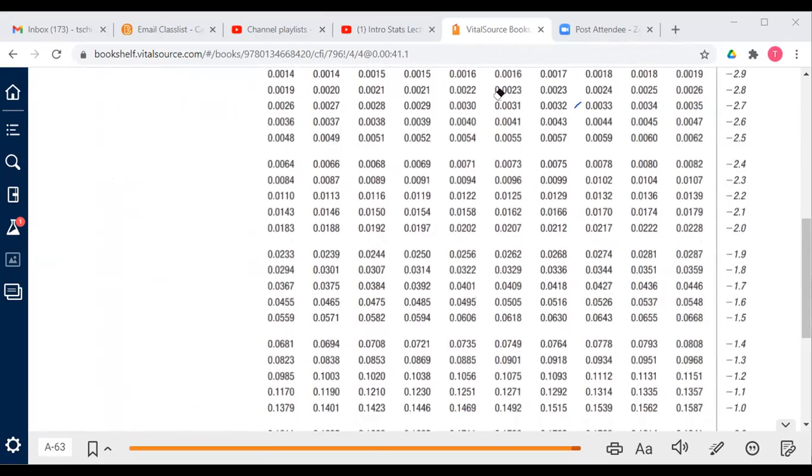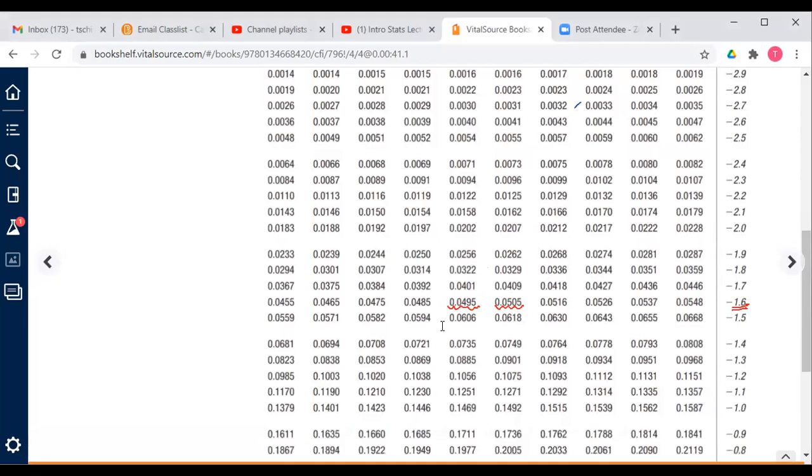See here, it's 0.0495, and this is 0.0505. So it gives you 1.64. Sometimes you can say 1.64 or 1.65, it doesn't really matter.